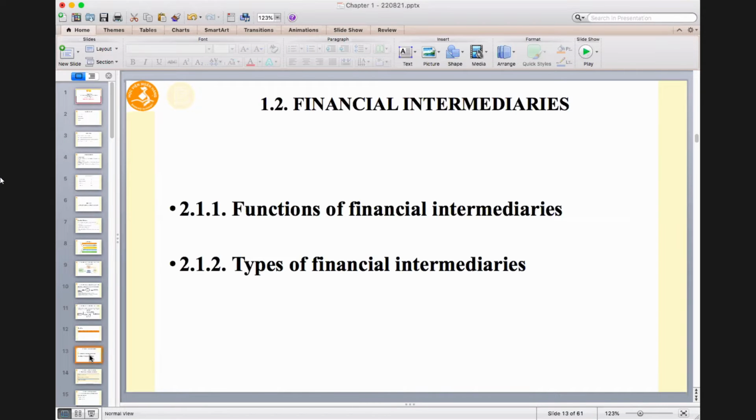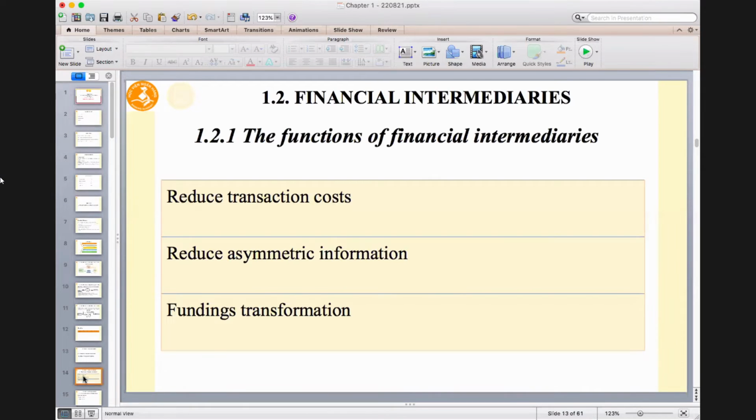The function of financial intermediaries. And after knowing the function of financial intermediaries, we will get to know more about some types of financial intermediaries.